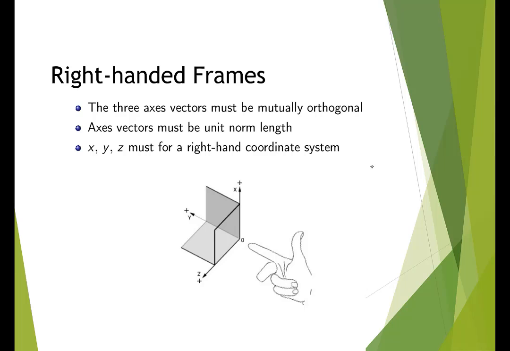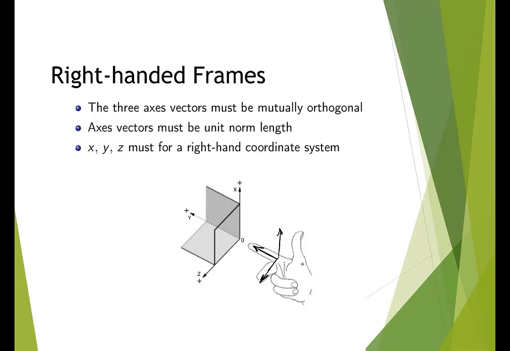What does it mean? If you want to define a frame, the three axes of the frame should follow these rules. If one of the axes is alongside your index finger, the second one is alongside your thumb, the third one should follow this finger. And why do we need this right-hand frame?